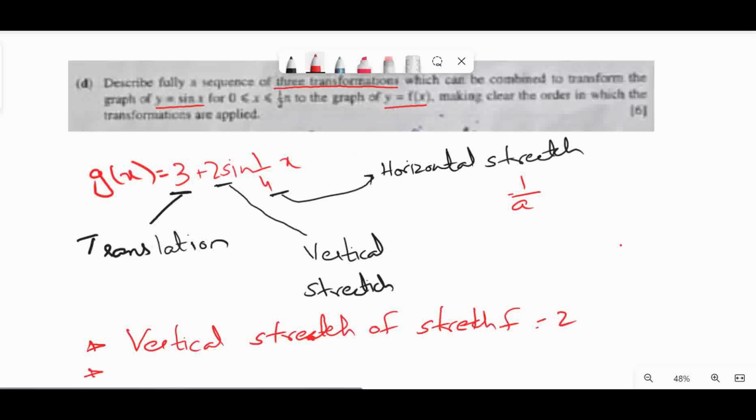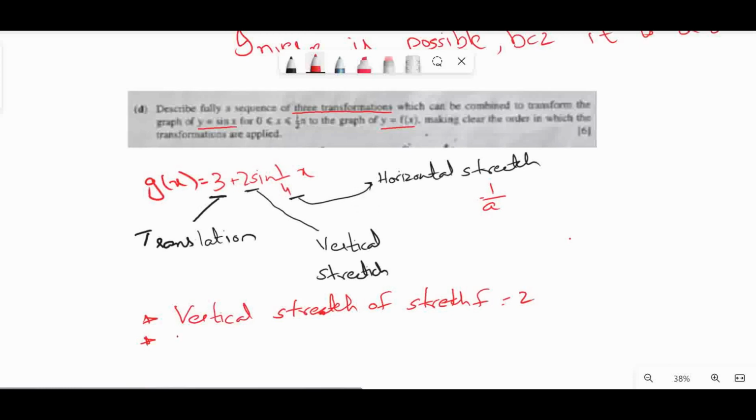Then we have the horizontal stretch with scale factor 4, because it is 1 by a for a horizontal stretch.